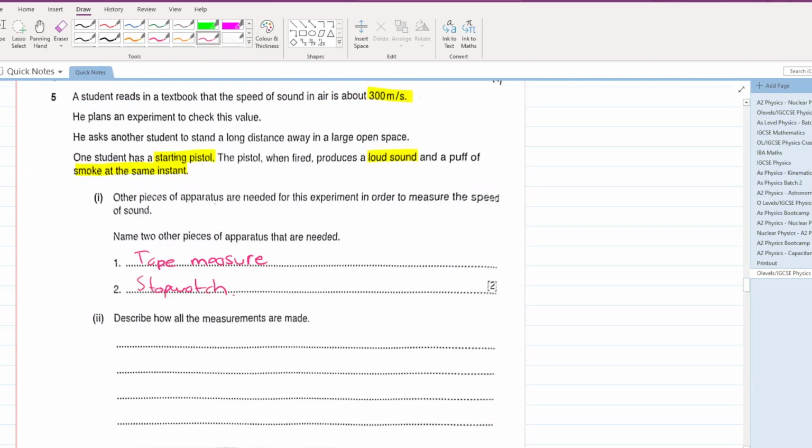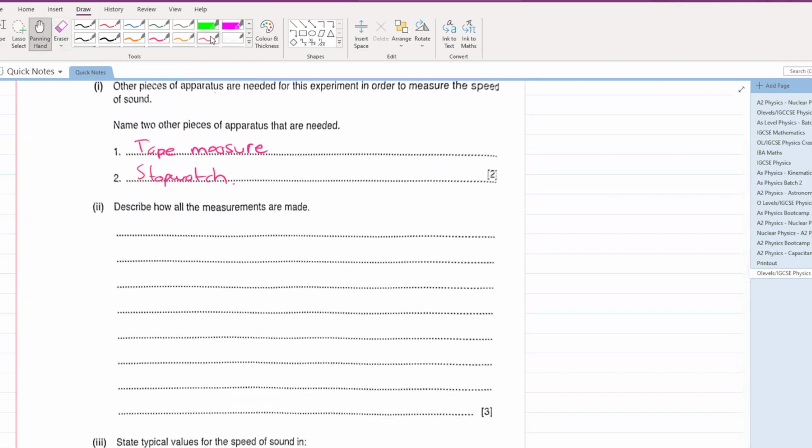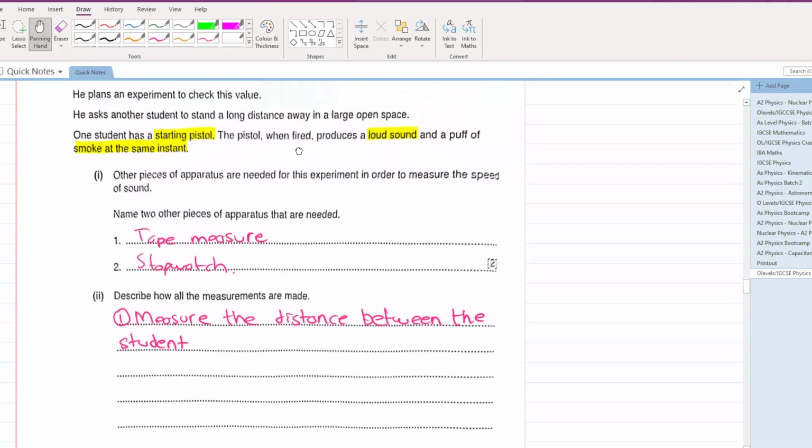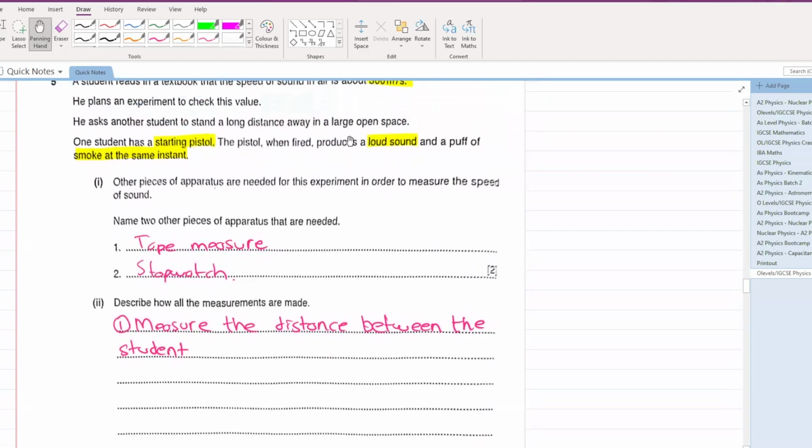Describe how all the measurements are made. First of all, measure the distance between the students. We have been given that one student has a starting pistol, and he asked another student to stand a long distance away.